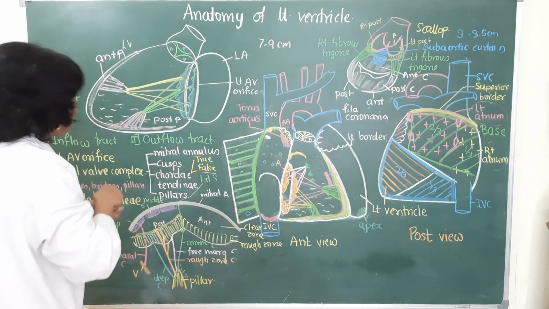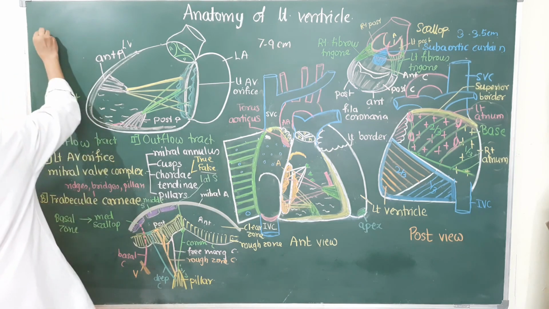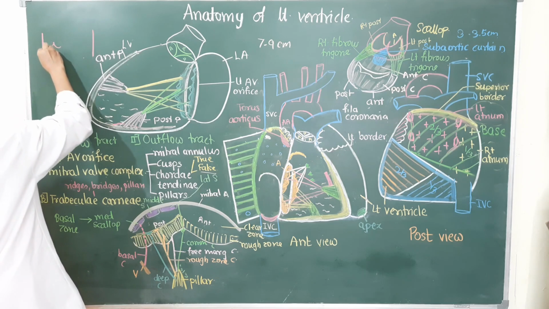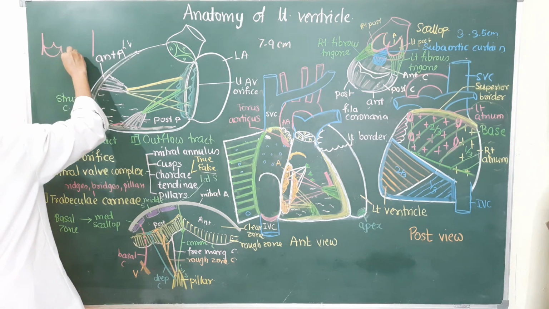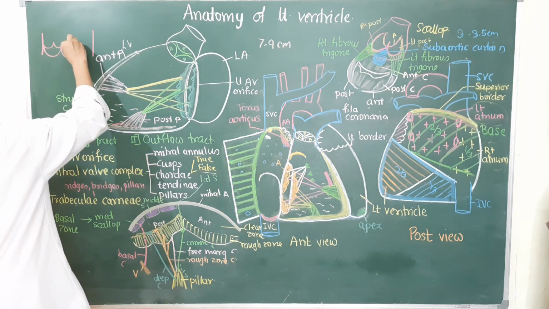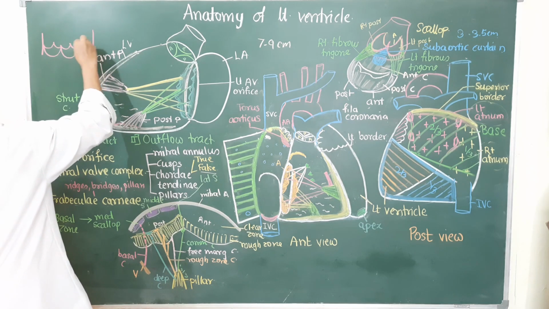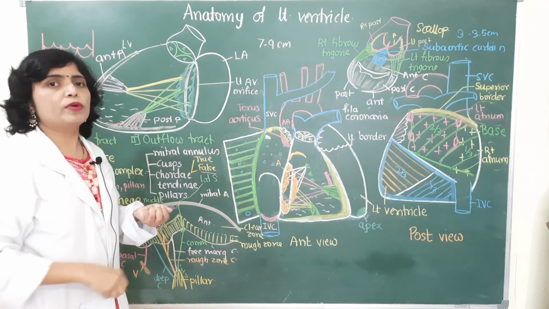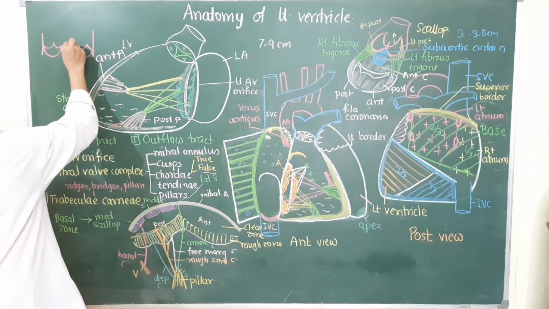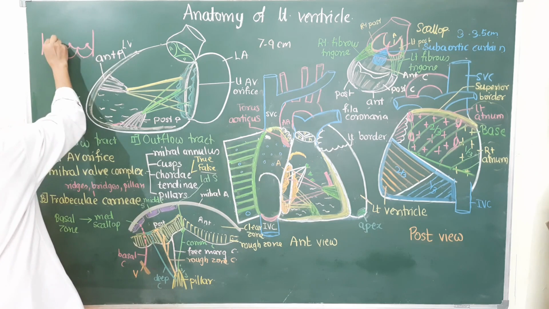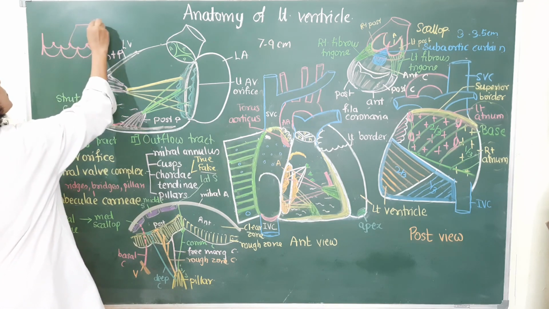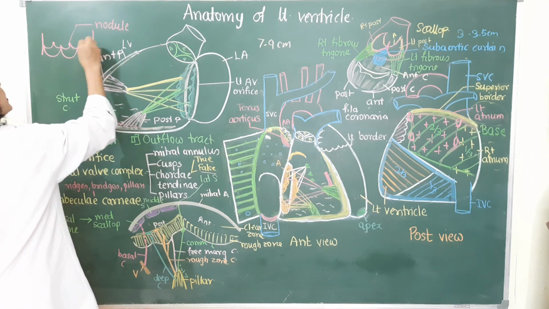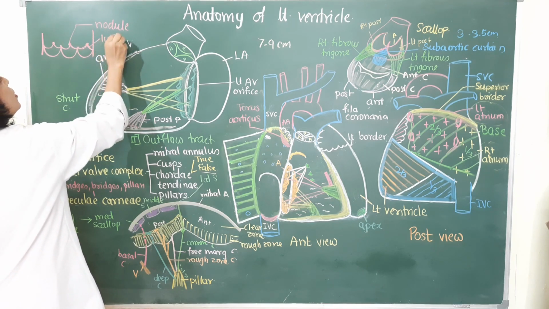So if you cut open the aorta, it will be like this. You get three semilunar cusps attached to the aortic orifice. The bases of these cusps are attached to the scallops, the aortic scallops, and the free margin of each aortic cusp shows a nodule in the center and thin margins extending on either side called the lunules.